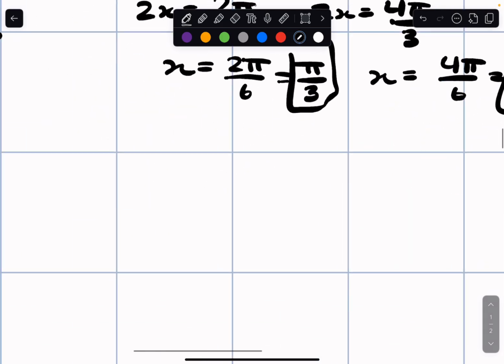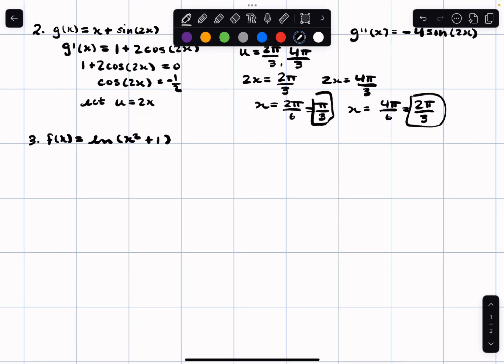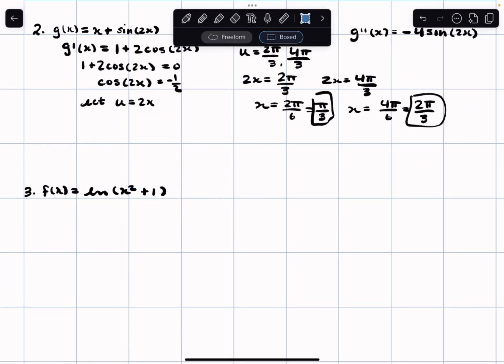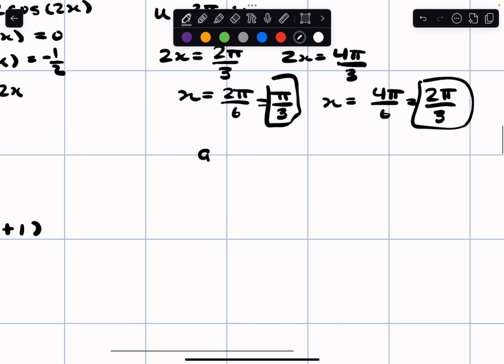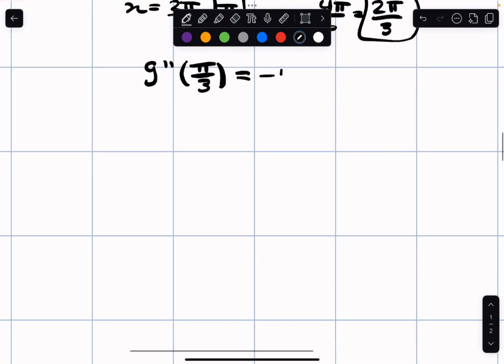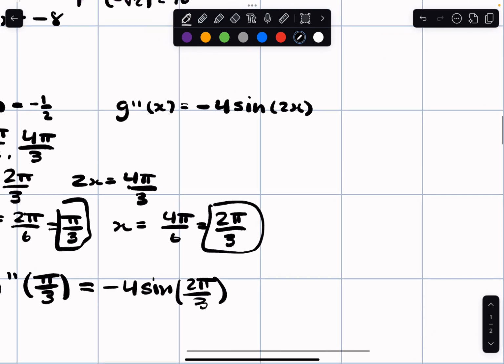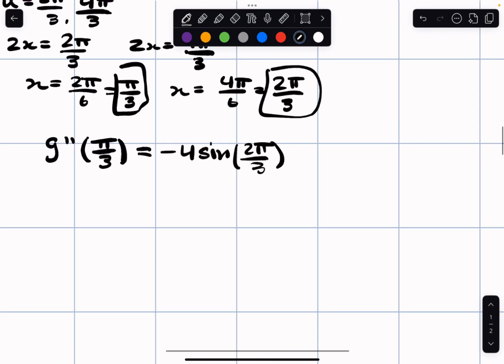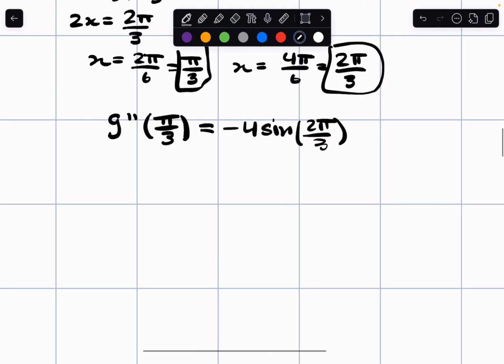So we'll do g double prime of pi thirds, which is going to be negative 4 sine of 2 pi thirds. I already know that sine of 2 pi thirds is positive. So since a negative times a positive is a negative, this is going to be a local maximum.